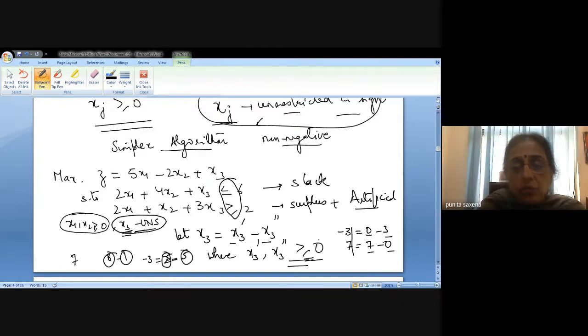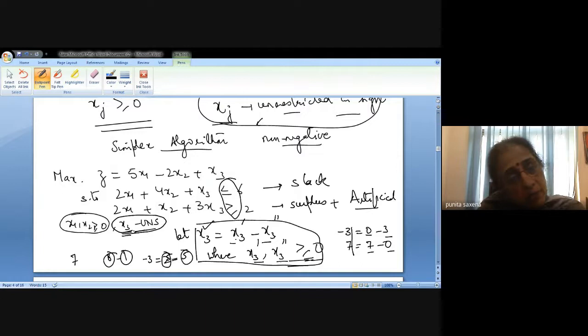So this is the change that we are going to make in the variables. We'll replace the variable which is unrestricted in sign with x3 dash minus x3 double dash, where both x3 dash and x3 double dash are non-negative in nature. And now proceed on because all your variables satisfy the non-negativity restrictions. So your simplex algorithm can be very well applied here, right?